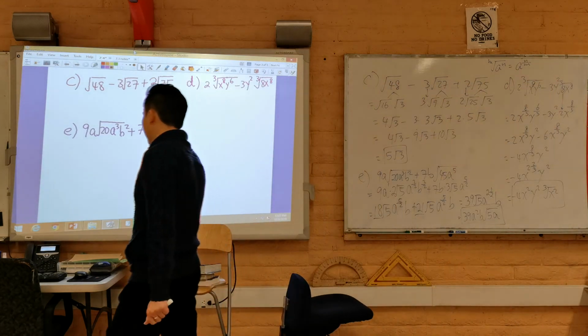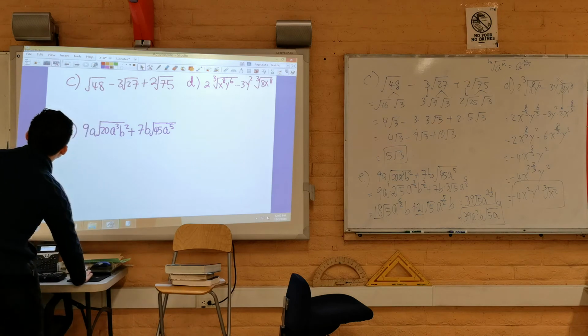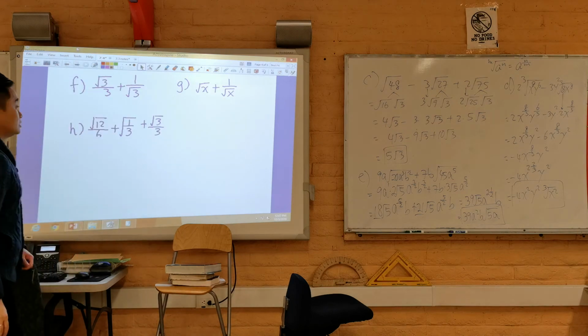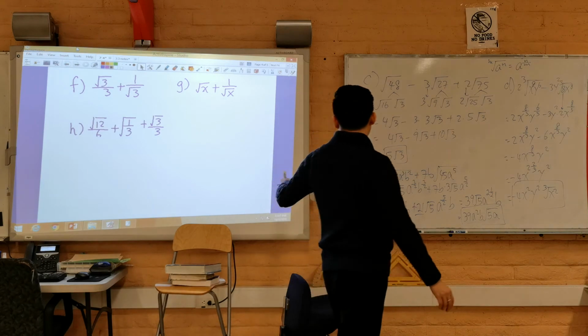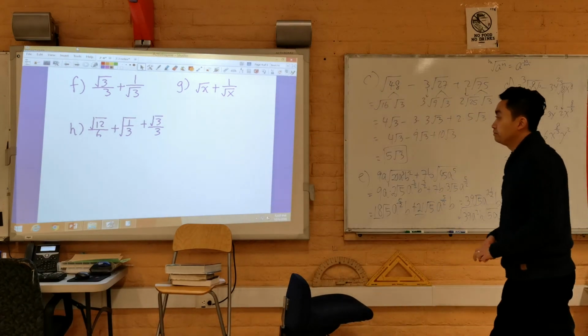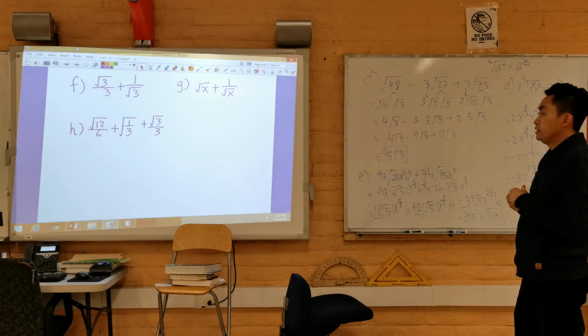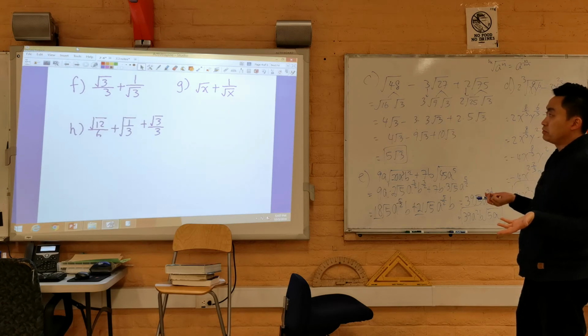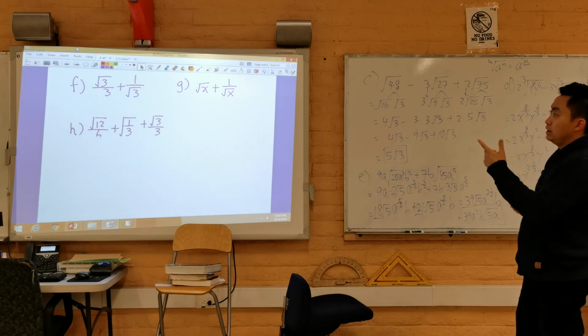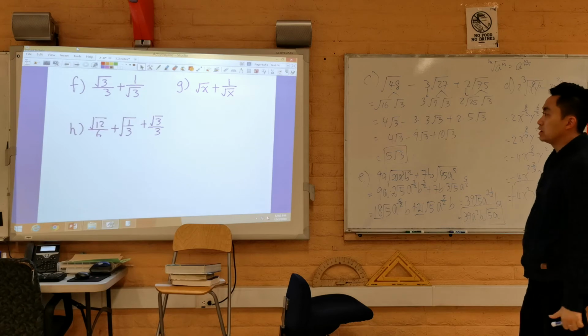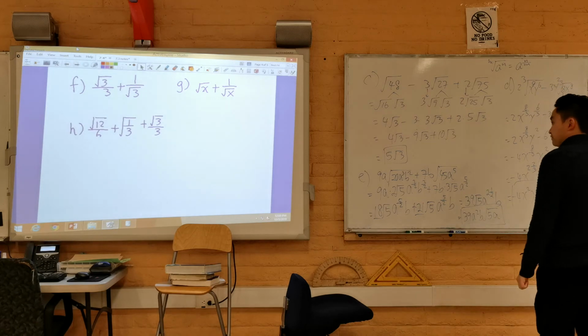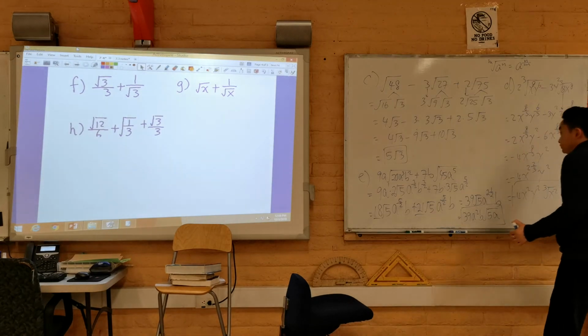So now let's look at something a little bit more rigorous. This one looks like simple expressions with the radical, but there are certain things you have to do. We deal with fractions with the radical, and they are also separated into variables and constants. So now let's deal with f, g, and h.